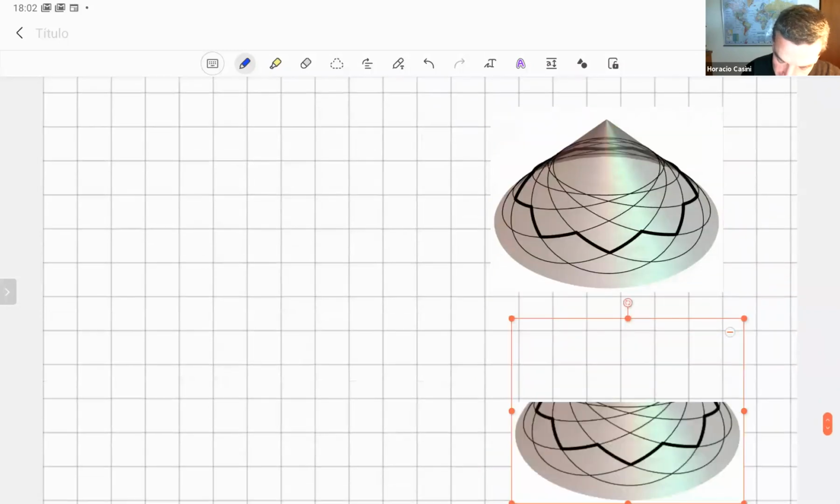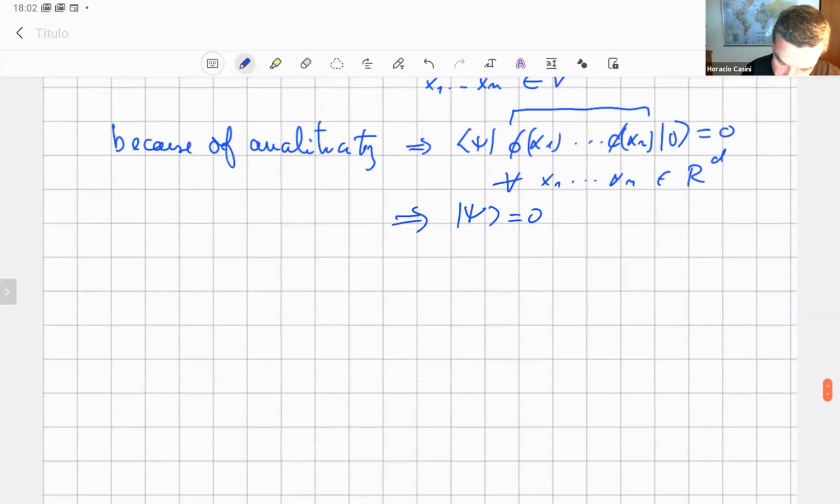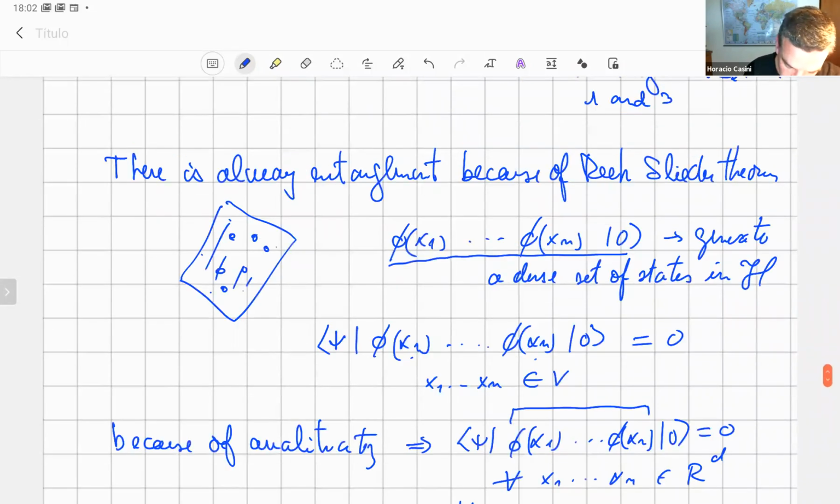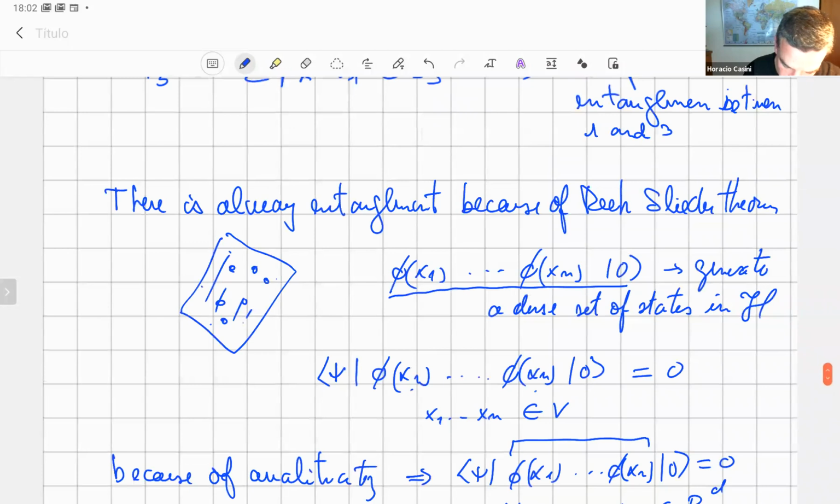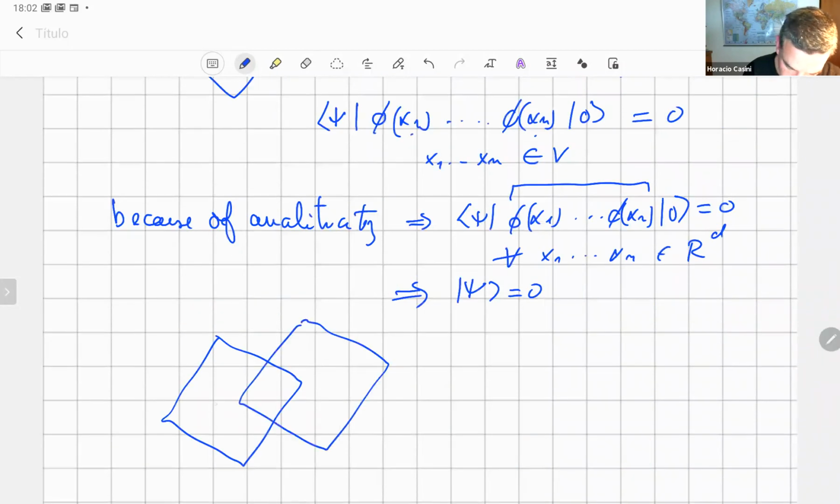And how is this related to this saturation of strong subadditivity? Well, now suppose you have, I'm drawing now the space-time diamonds. Again, this is A, this is B, this is region 1, this is region 2 and region 3.